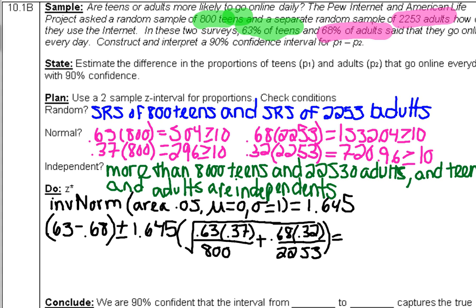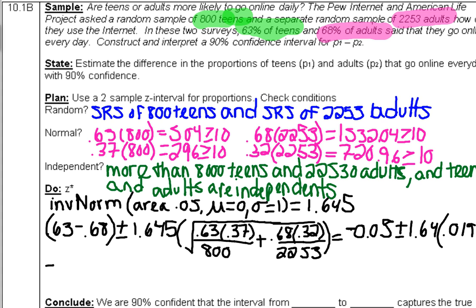So now our difference is really negative 0.05, plus or minus 1.645 times our new standard deviation, which is 0.0197.